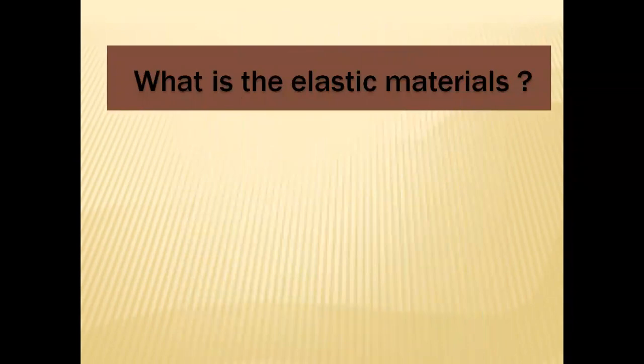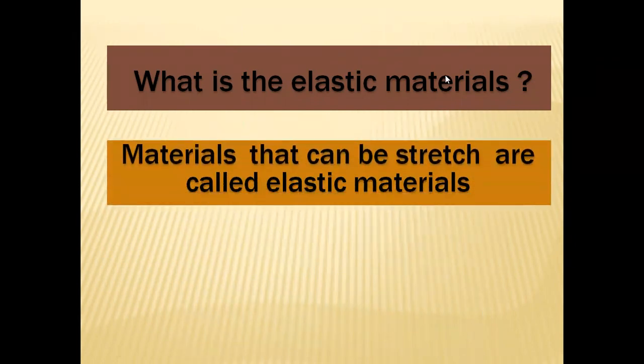Okay, now coming to our topic of today. What are elastic materials? Materials that can be stretched are called elastic materials. This is the definition of elastic material. What is elastic material, boys?